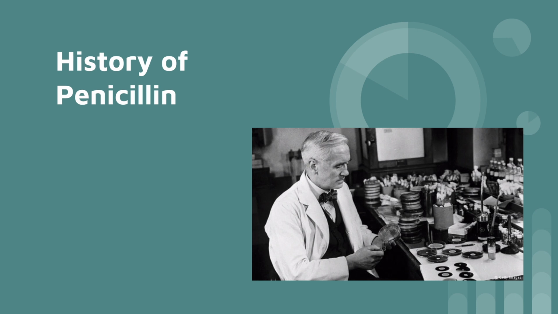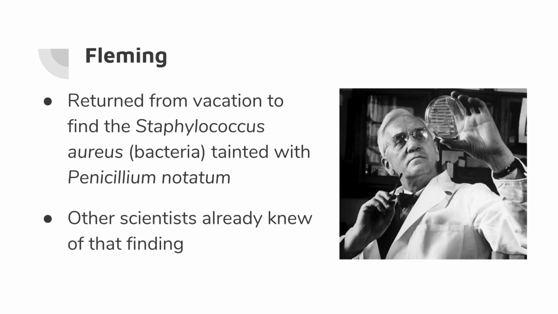So, the history of penicillin starts with Alexander Fleming. Penicillin drugs are all in the same family that come from a fungus called Penicillium. Alexander Fleming was a bacteriologist at St. Mary's Hospital. He had a lab in London and returned from vacation to find that the staph bacteria had been contaminated with Penicillium notatum.